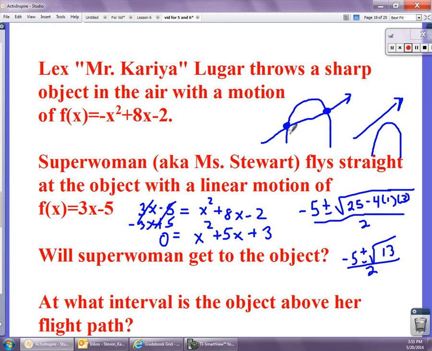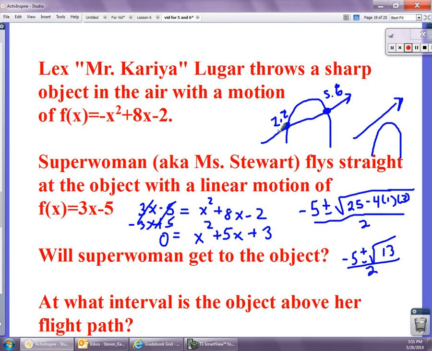Normally, if you're doing a problem like this, and I apologize for the messed up problem, if there is an intersection, if we find out that x is 2.2 and 5.6, that would mean at 2.2 seconds and 5.6 seconds, Miss Stewart will actually get to it, it'll intersect and she'll be able to grab the sharp object and save the day. But because they're negative, this problem doesn't really make sense.